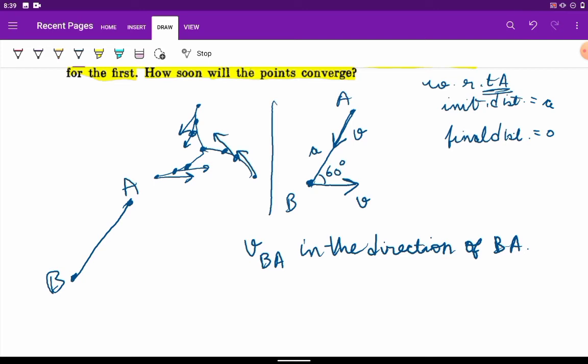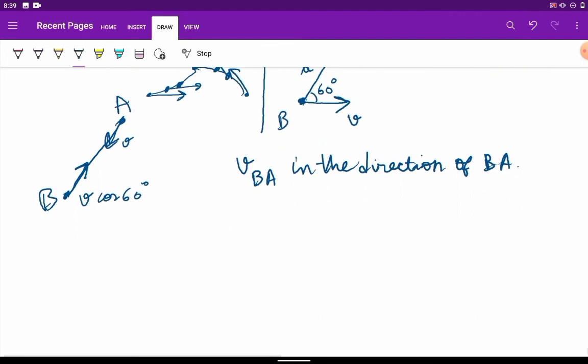So the component of B in this direction is V cos 60 degrees, and the velocity of A is V. So VBA in the direction of BA is V cos 60 degrees for B, minus the velocity of A in the direction of BA.